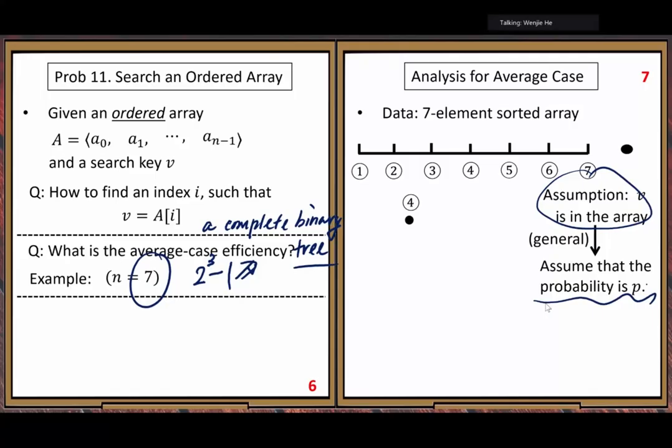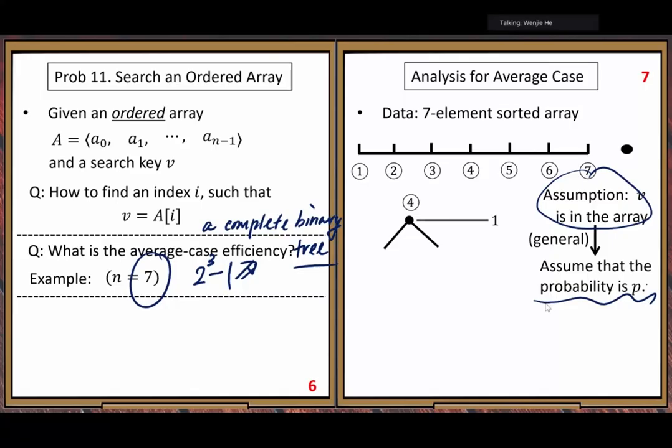So we put node 4 as the root node of our binary tree. So the first one is at the root node. Then we need 1 comparison, so I put this 1 here.